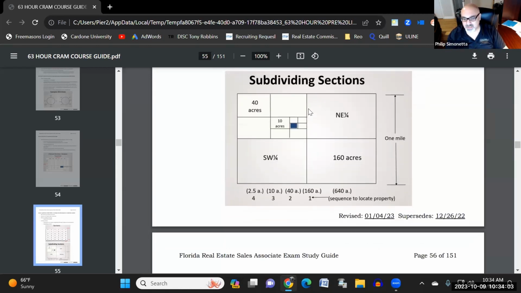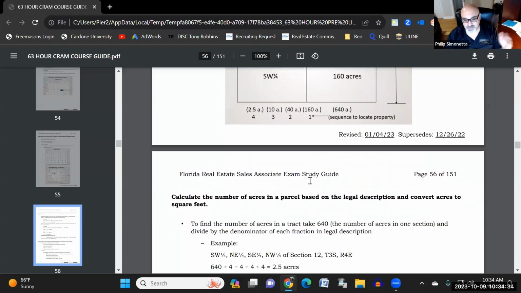When you're doing the calculations, remember the 640 calculation and go by the denominator. 640 is divided into 4, so it'll be four 160s. That gets divided into 4 40s, that gets divided into 4 10s, and then that 10 gets divided into 4 2.5s. You see how it keeps breaking down? That's why you take the denominator and figure that problem out.